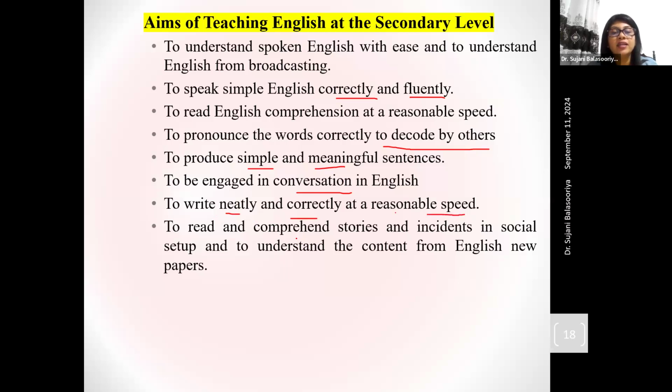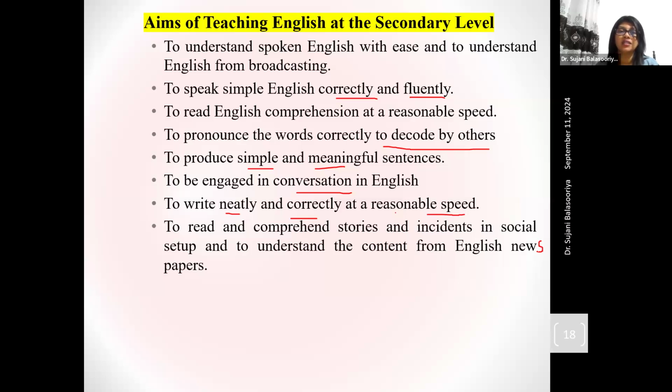And to read and comprehend stories and incidents in social setup, and to understand the content from English newspapers. Understand the content from English newspapers. Okay, right. Secondary level. These are the requirements.